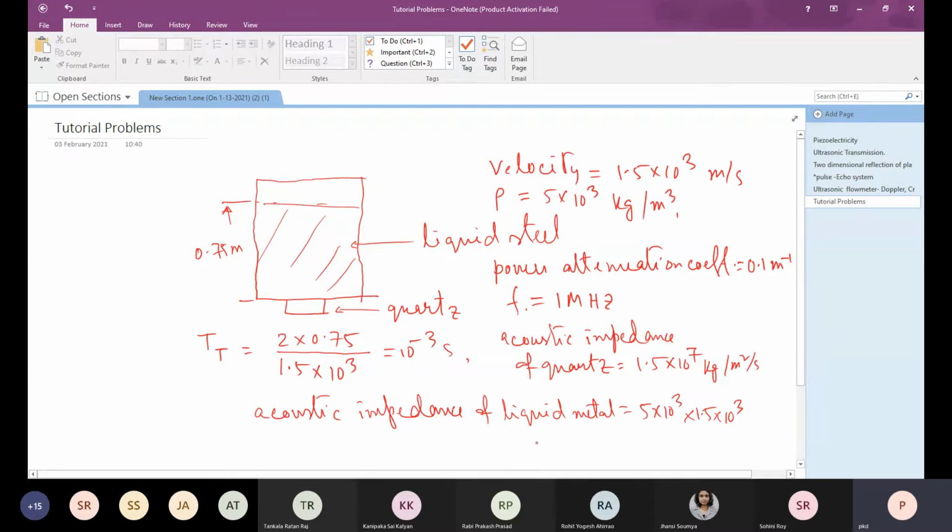So multiply rho into C. This is equal to 7.5 into 10 to the power 6.